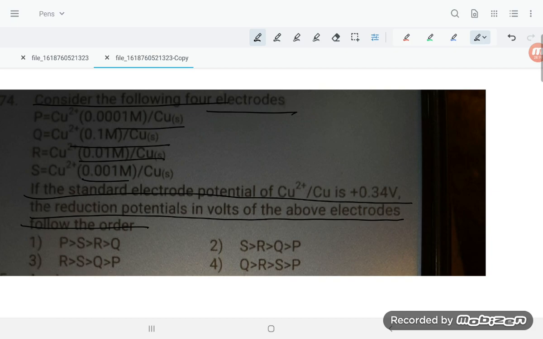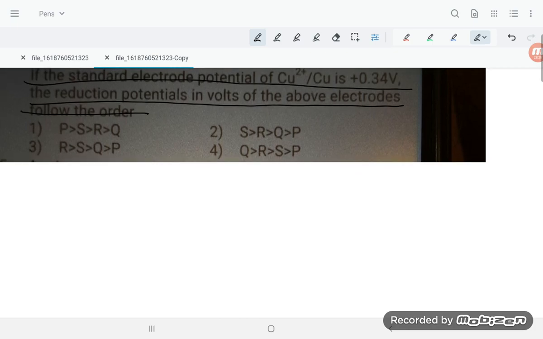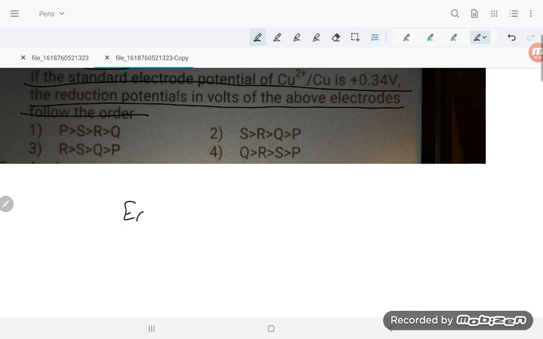Firstly we should know the formula for the calculation of SRP for the particular electrode. For copper, E equals E naught plus 0.0591 upon n, log of Cu2 plus.